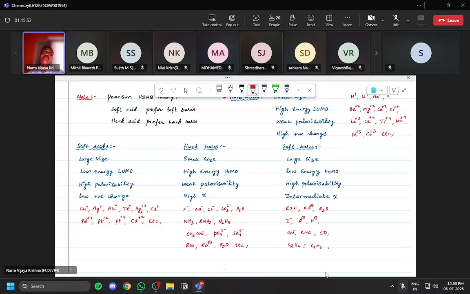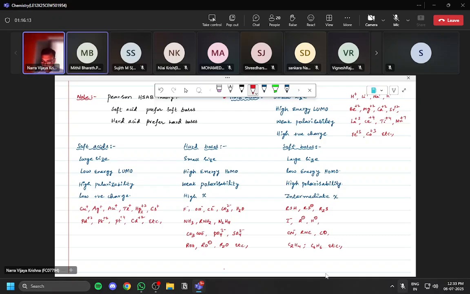Any other given? Given carbon monoxide, etc. Done. So this is about hard and soft acid base theory, right?